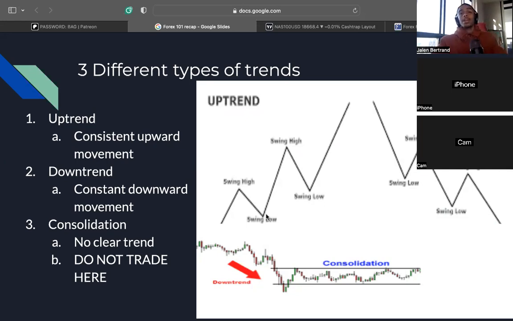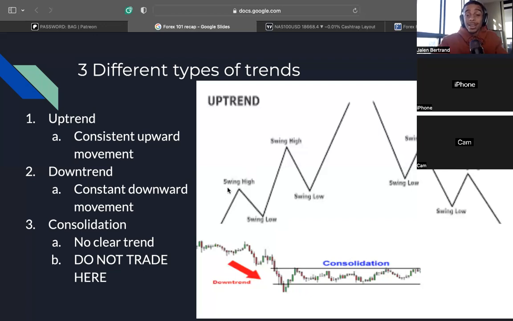Think of it as the market taking a break. The market shoots one direction, and then it decides, you know what, I'm going to take a break and go the opposite way because I've already shot up in that direction.